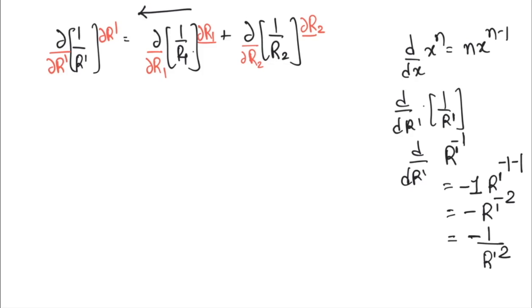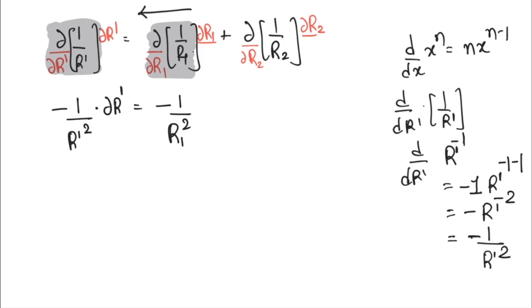So for the solution of this part, del by del r dash of 1 upon r dash will be minus of 1 upon r dash square, and we have del r dash in multiplication. The solution of del upon del r1 of 1 upon r1 will be minus of 1 upon r1 square into del r1.